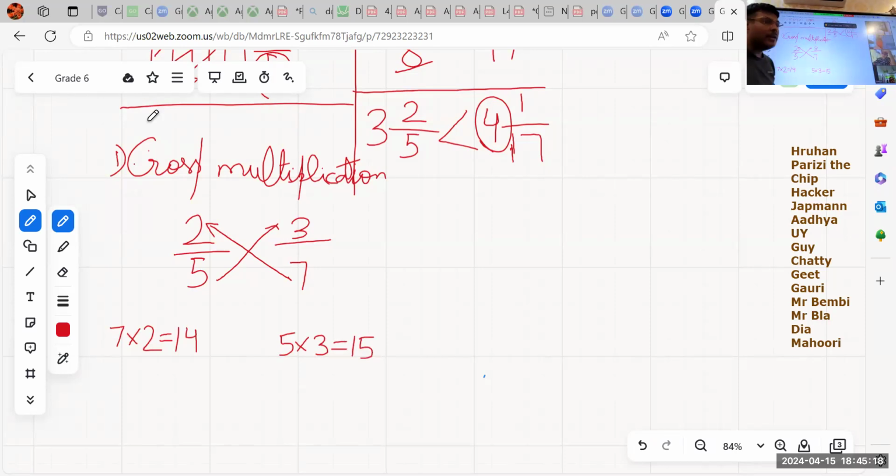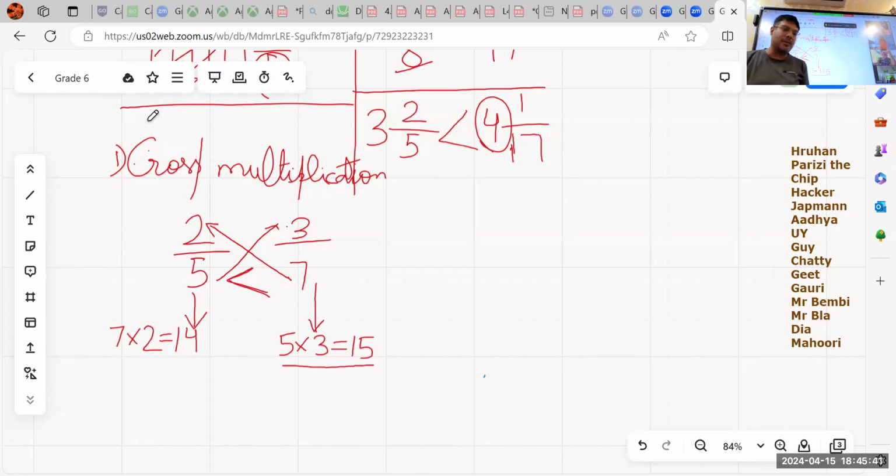So which one is greater, 15 or 14? 15. So 3 by 7 is greater. See, I'll tell you the denominator will get multiplied to the numerator, and you write below this. This is very important, otherwise you will get confused. You write the multiplication below the fractions.